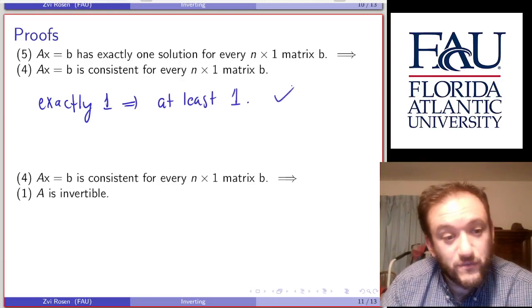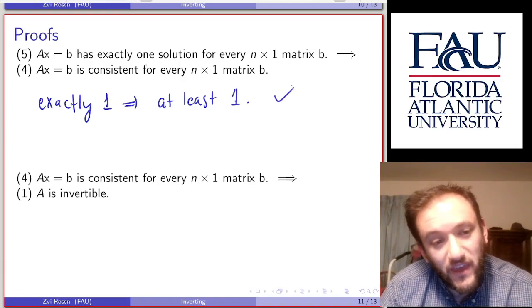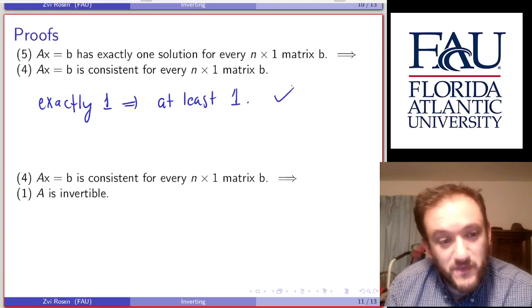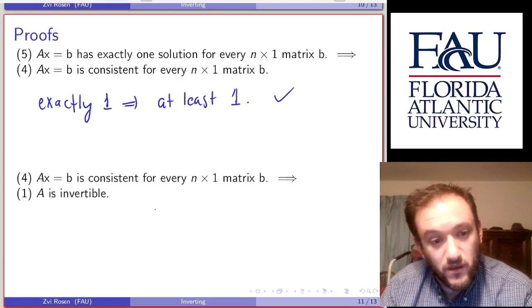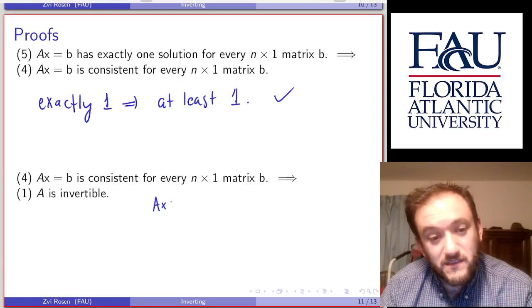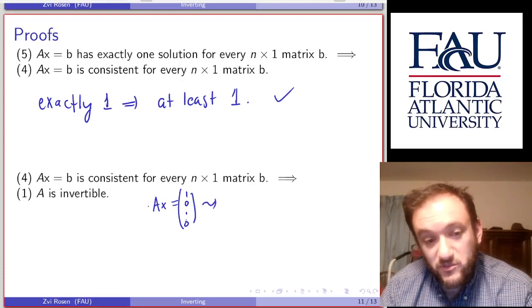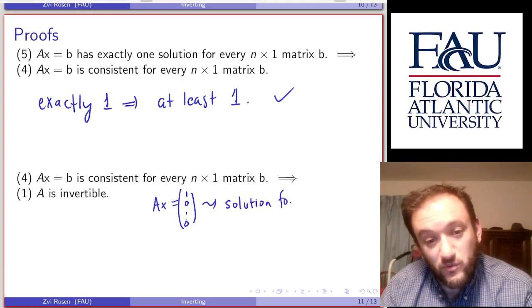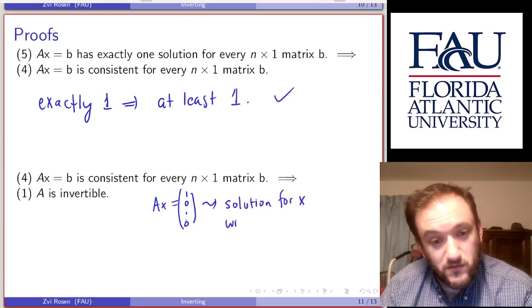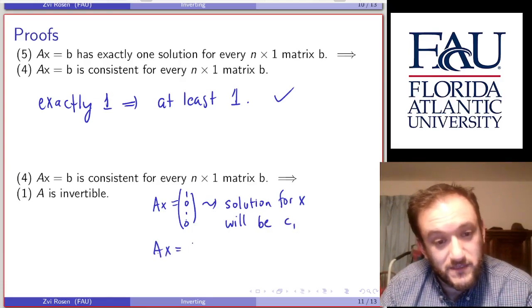As for 4 implies 1, if Ax equals b is consistent for every n by 1 matrix b, then A is invertible. Well, here we can use the trick from before. We'll start with Ax equals (1, 0, 0) and obtain the special matrix x. So the solution for x will be our c1. And then Ax equals (0, 1, 0).